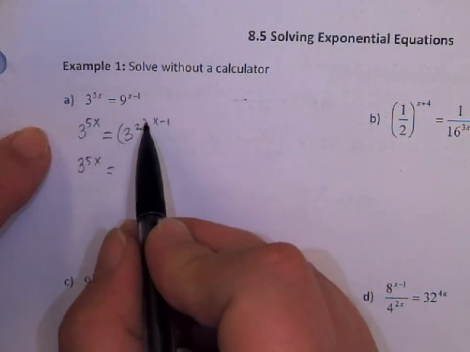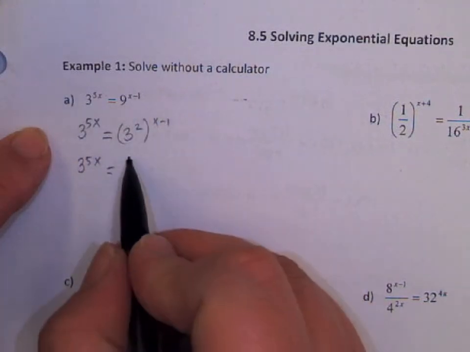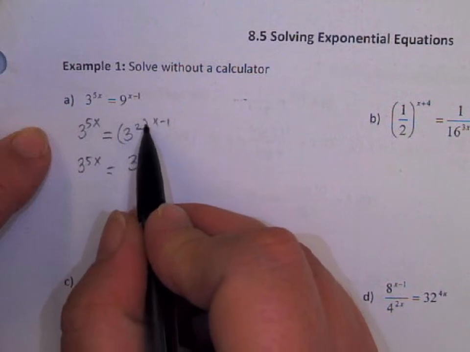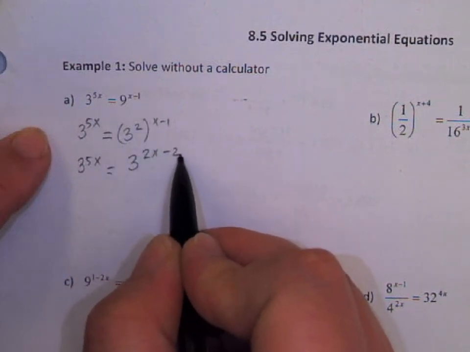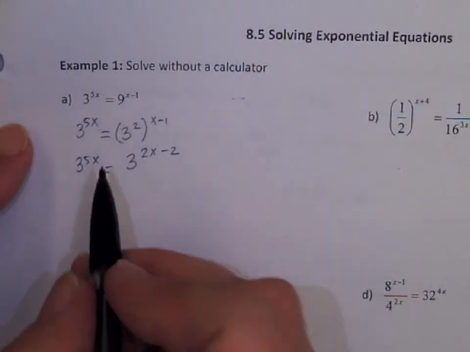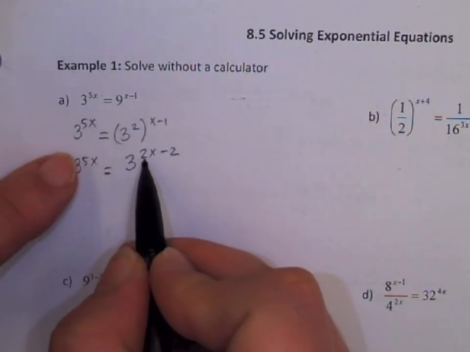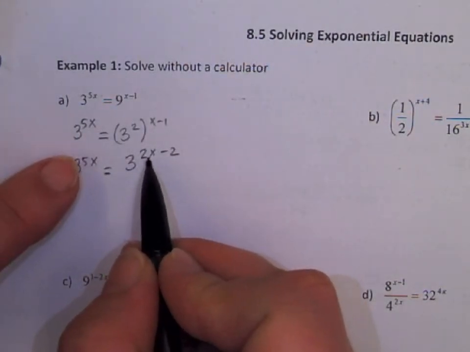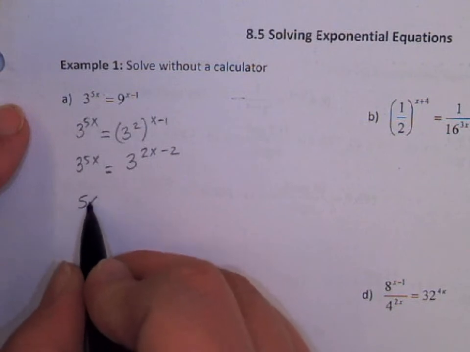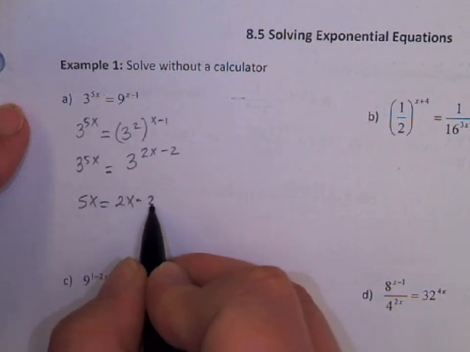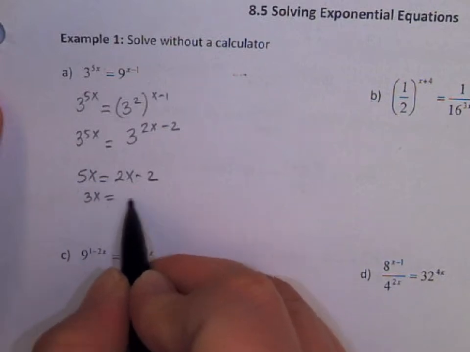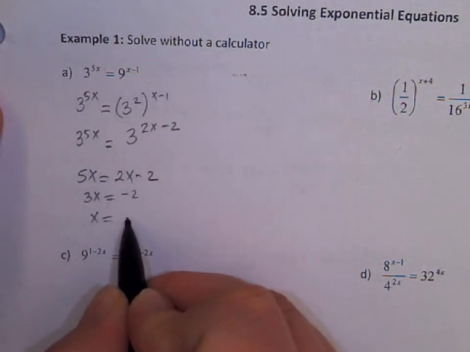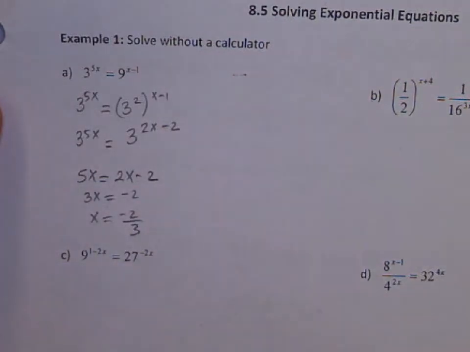Okay, so you have a power of a power, you multiply the powers. So expand these: 2 times x is 2x, 2 times negative 1 is negative 2. Since both sides have the same base, then if they are equal, their exponents must be the same. 5x equals 2x minus 2. So this gives you 3x equals negative 2. x equals negative 2 over 3.